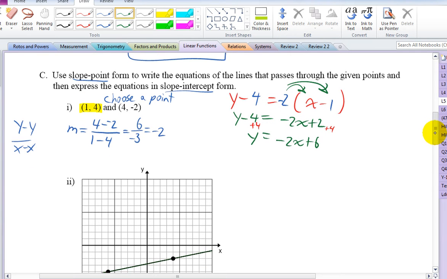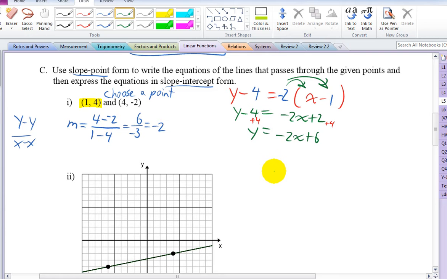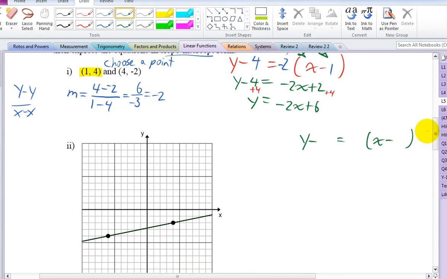Okay, next question is exactly the same. You want to figure out y minus blank equals blank times x minus blank, and fill in the blanks. Well, the blanks now have to be filled differently. First of all, find what m equals. So you can make your triangle and count your slope, or you can use your m equation as well.